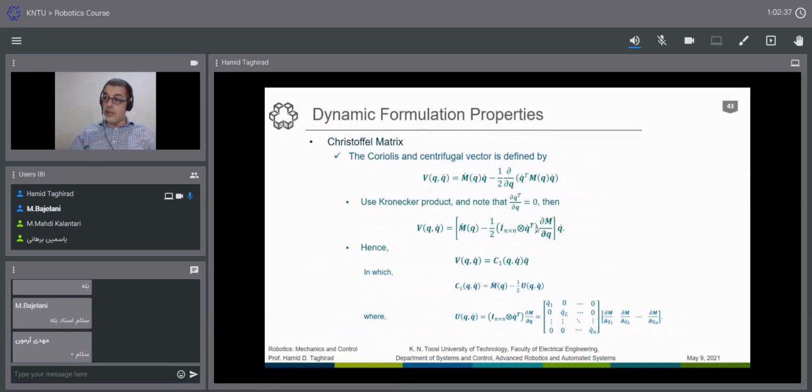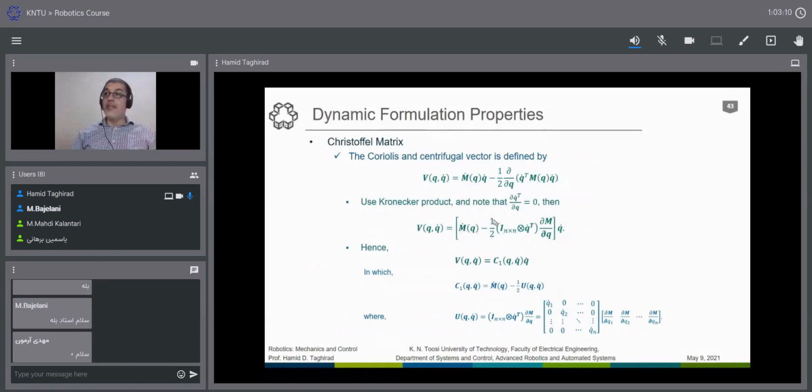This term is, as you see, q dot times partial M with respect to q1. The difference is the size of these two; basically we are using the Kronecker delta. If q dot was on the other side, both of them would be the same, but these are not the same. If you just multiply this by q dot and use M as partial M with respect to q times q dot, these two become exactly the same.